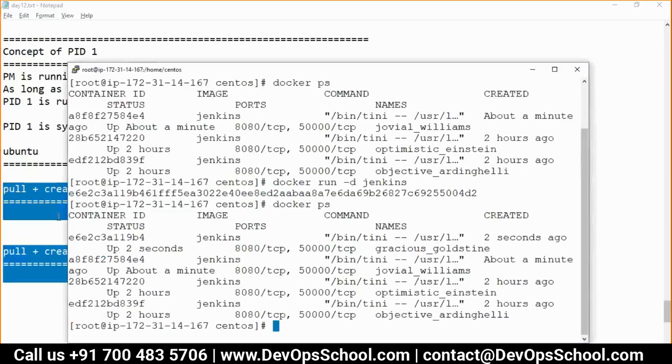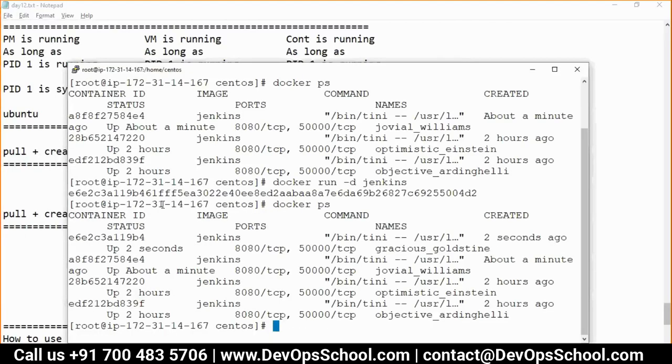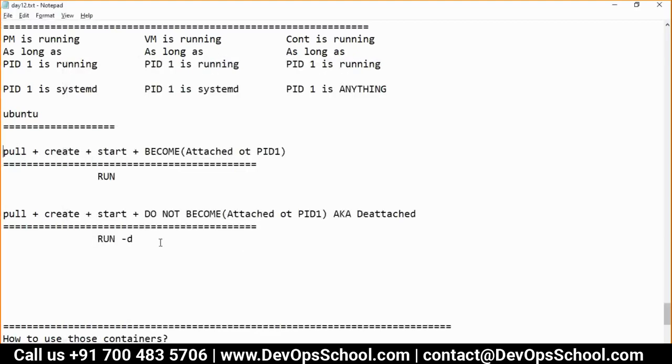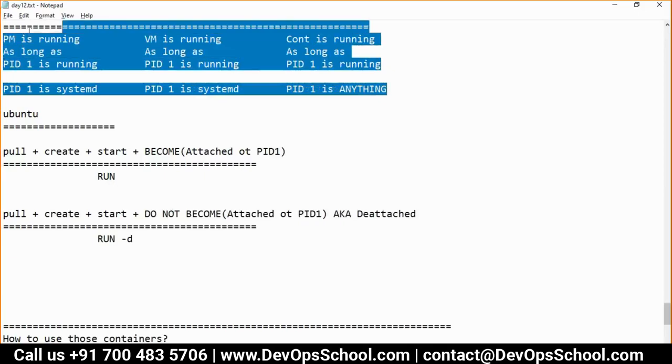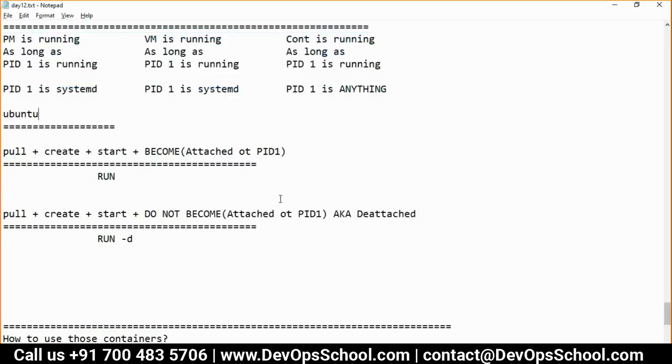Now, guys, someone had asked me, I forgot who, that his container is exiting. He was trying some other images. So did you understand now why your container was exiting? Yes, Rajesh, Deepak here, I asked that question.